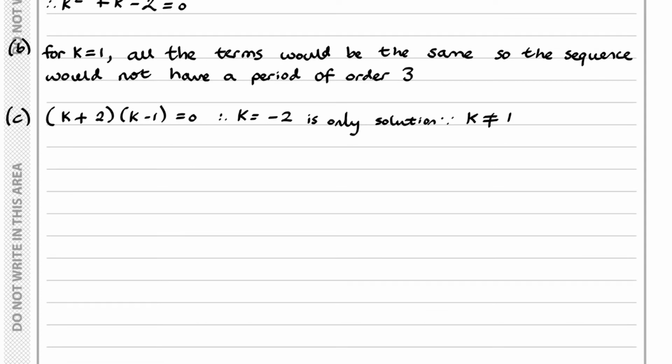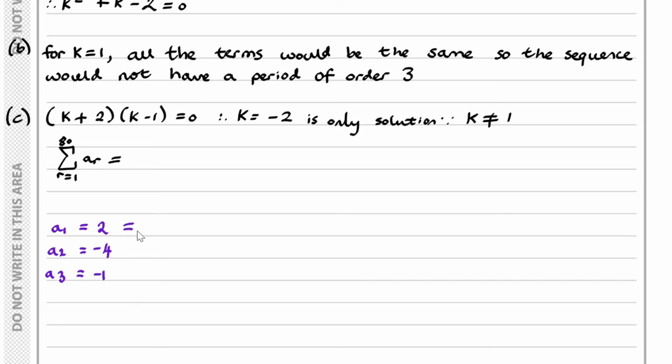So let's just write all this down. First of all, we see that a1 is equal to 2, a2 is equal to minus 4, and a3 is equal to minus 1.